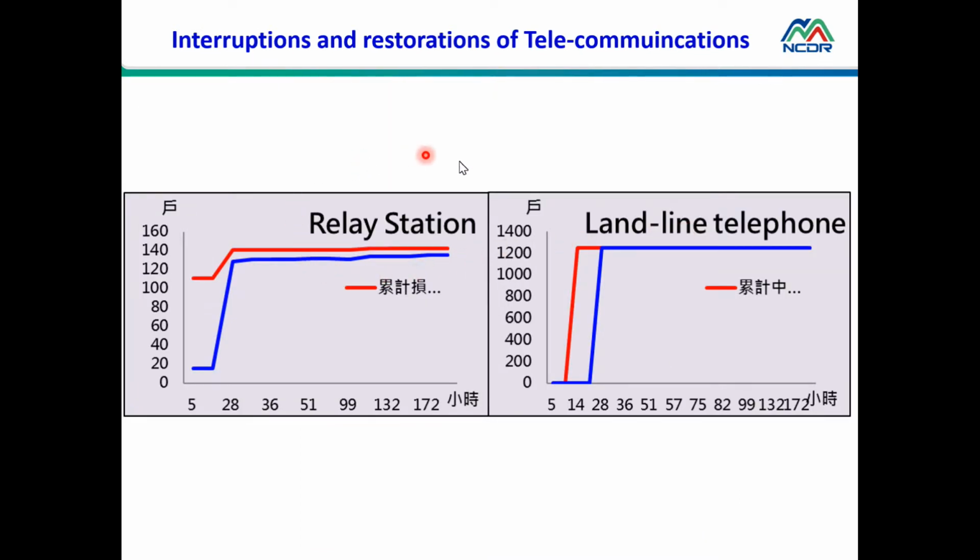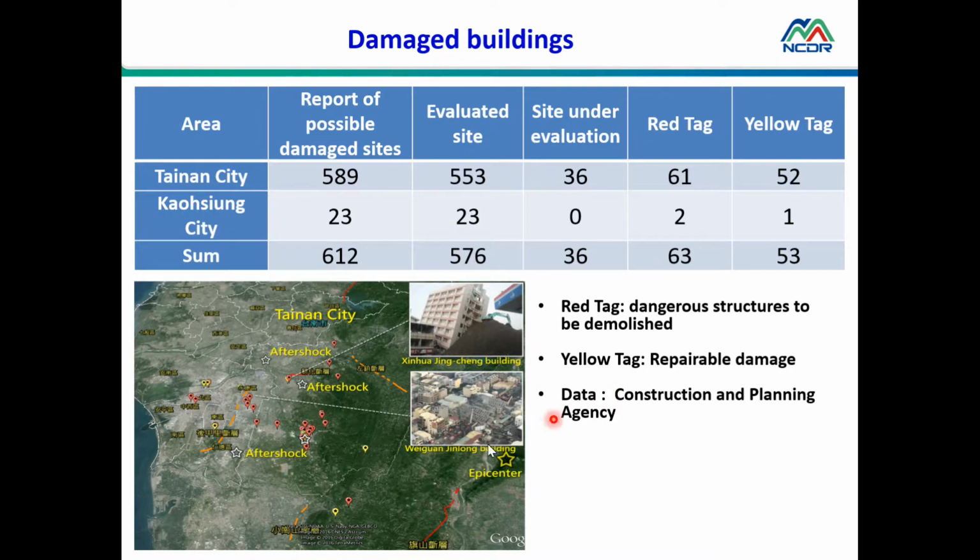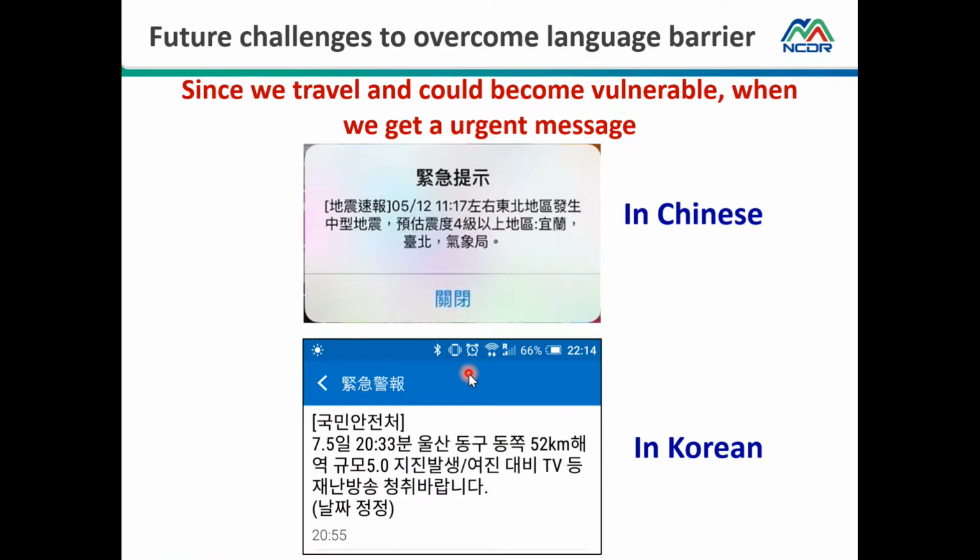And the telecommunications, including landline and mobile phone: because some mobile phone systems are in the most devastating area, we could recover almost all telecommunication relay stations except some totally damaged. And for the landline, after almost 1 day, 100% recovered. So this is the location of damaged buildings. This is the number here. I'm not going into detail.